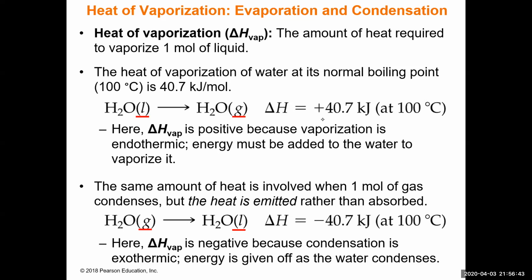Now the same amount of heat, the 40.7 kilojoules per mole, is involved when we have 1 mole of gas condensing. But when we have condensation, now the heat is going to be emitted rather than being absorbed. So when we have condensation, we have the gas state of water, for example, forming the liquid state of water.